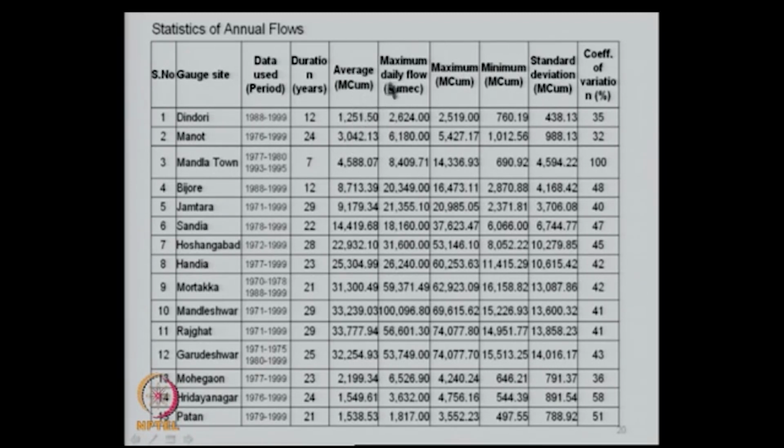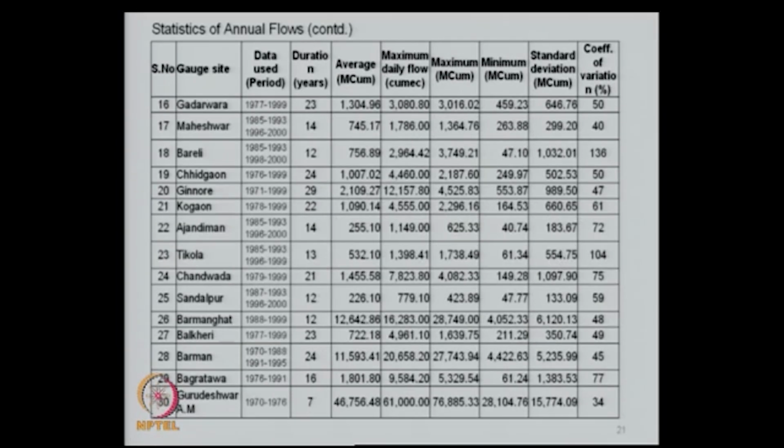So, you get the average, you get the maximum flow, minimum flow, this is maximum daily flow, and this is the maximum in terms of the discharge here in cubic meters per second, and this is the volume. Like this you get all the statistics, also you get the coefficient of variation. Similarly, for all of these locations you get this.